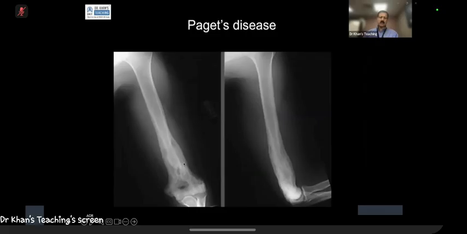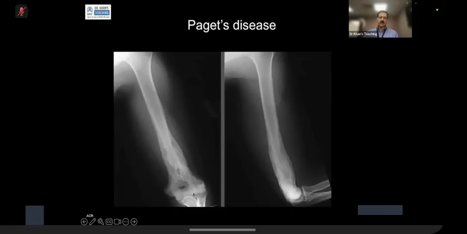In our case, the bone expansion was not to that degree, because that is also pathognomonic for Paget's disease. But having said that, please also remember one key thing about Paget's disease: it extends all the way to the articular surface.